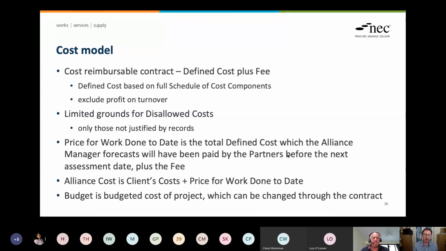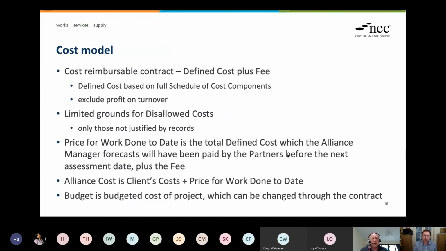It relies upon a full schedule of cost components. And from a payment point of view, the PWDD, or price for work done to date, is based on a forecast of what would have been paid by the partners by the next assessment date. So in that respect, this is a fairly traditional NEC approach in terms of cost reimbursement.